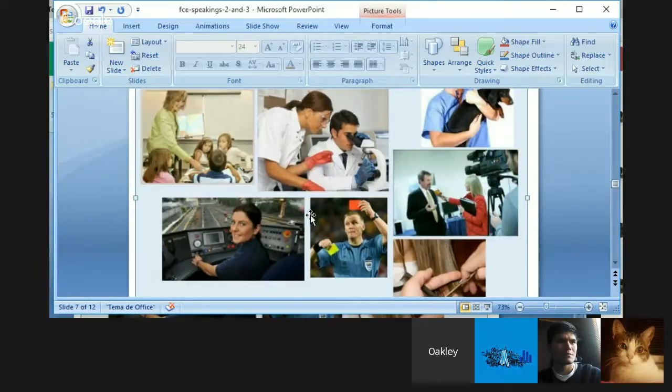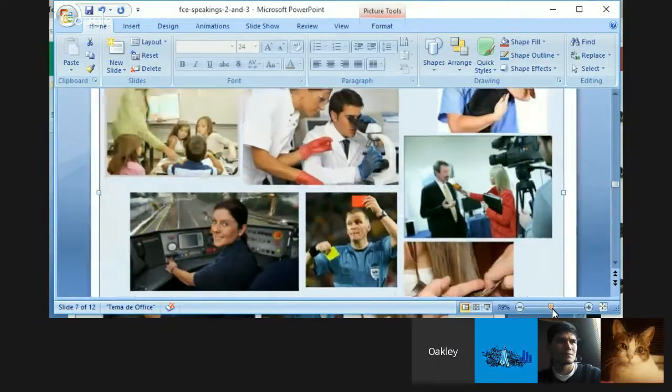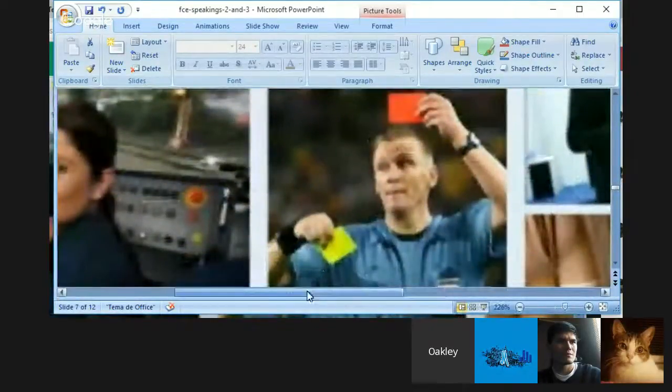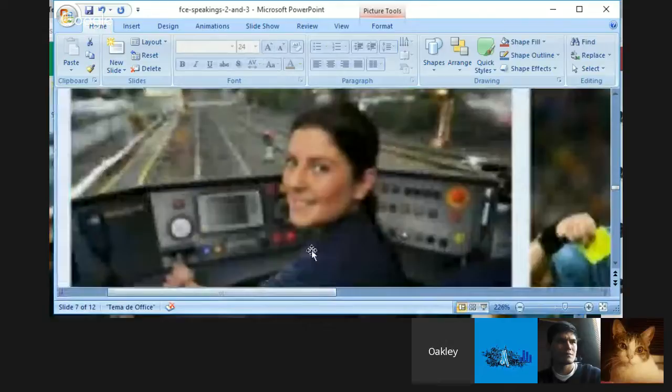All right. Hey, do you guys notice something? I'm sorry, but I have to just zoom in here. Wait a minute. You guys notice something about this train driver over here? You notice anything alarming here? Anybody? She's a train driver.